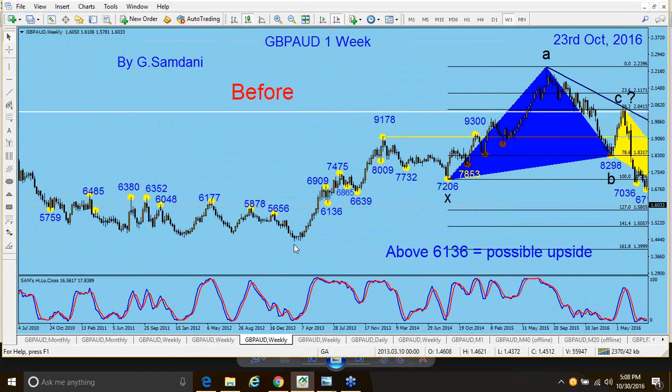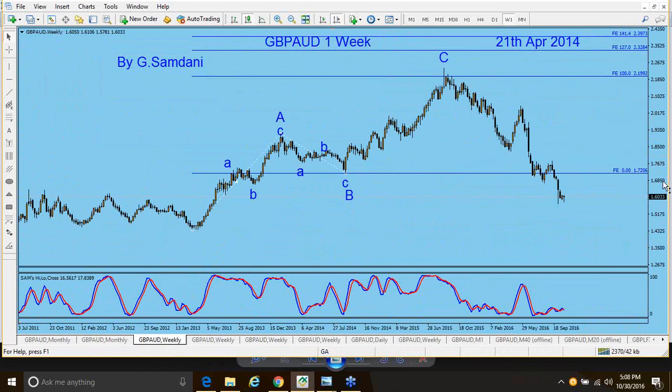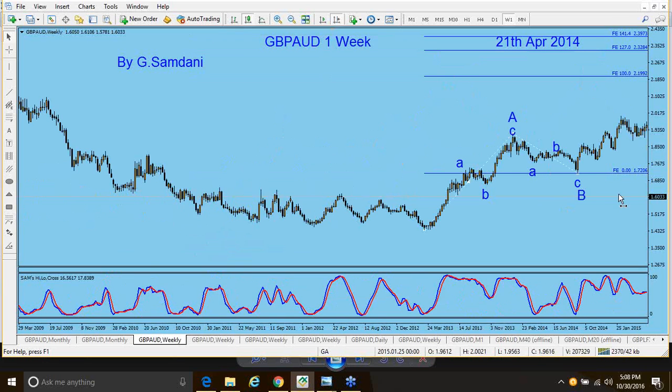Remember, I just counted in the other chart here. This is ABC, A. This is ABC, B, and then this is C. Okay. So either you use the whole thing or you use this one to measure. These are the two lows here. This one and this one going up here, right?